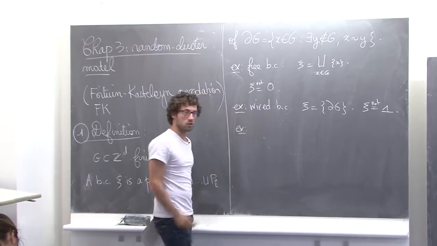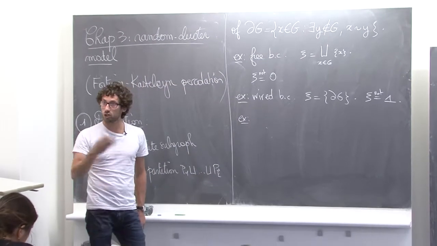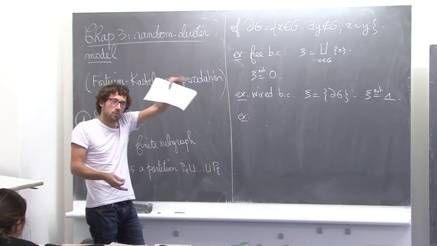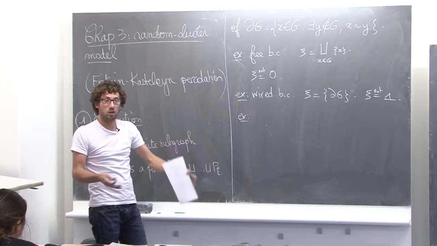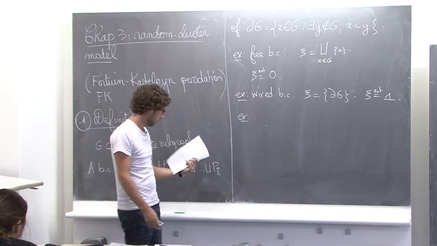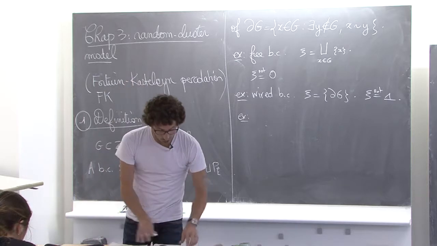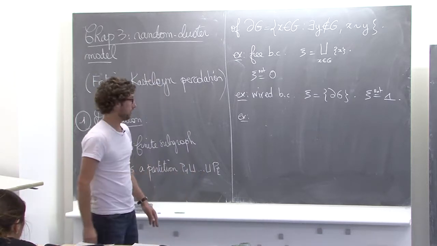We are going to see many others. We are going to see, for instance, the Dobrushin boundary conditions, where if I take a domain, half the boundary is going to be wired, the other half will not be, so I will go back to this later on.